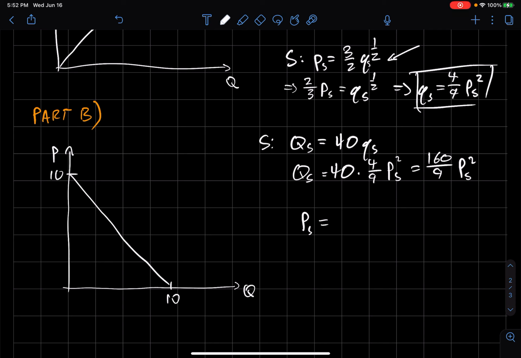I'm just going to plug this into a calculator really quick. The square root of 160 doesn't come out to be a nice number, but we can write 4 over 3 times the square root of 10 times the square root of QS.